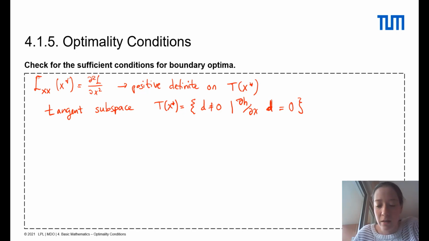In this case, the tangent subspace is just made up by all of x2. So it's enough if we check L x2, x2, because x1 is constrained by the equality constraint, and that's 2.